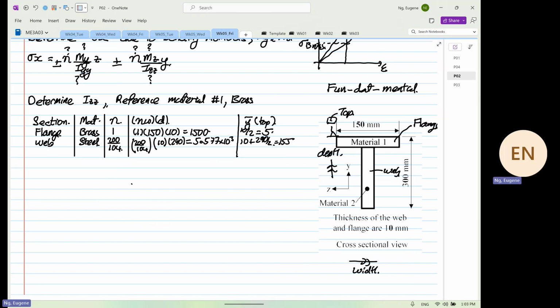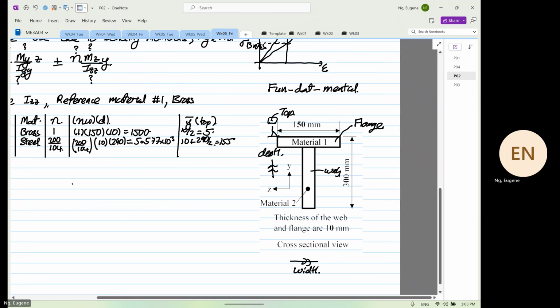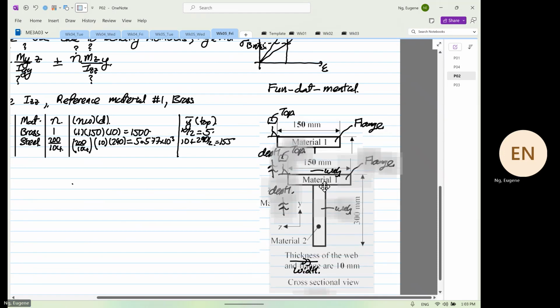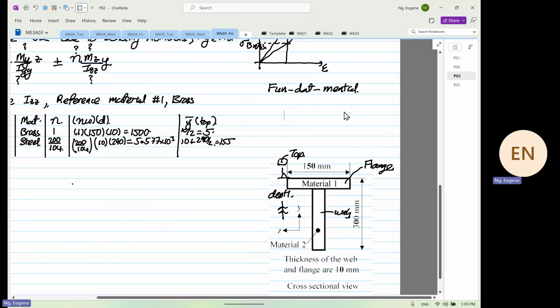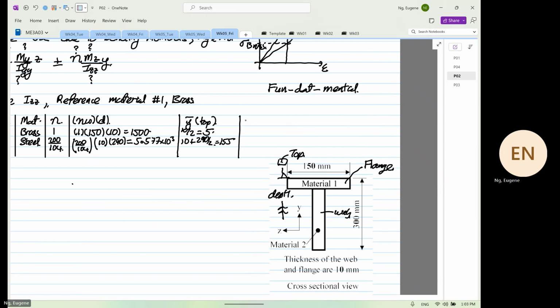And then finally, sorry, this thing has to move or come down. And then finally, you have your n, w, d, ȳ.